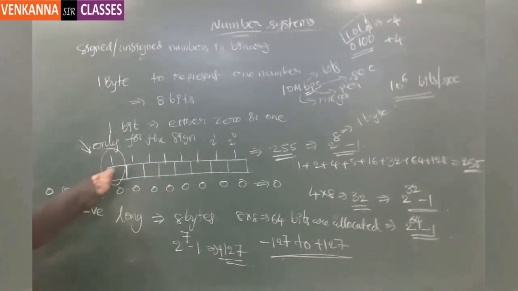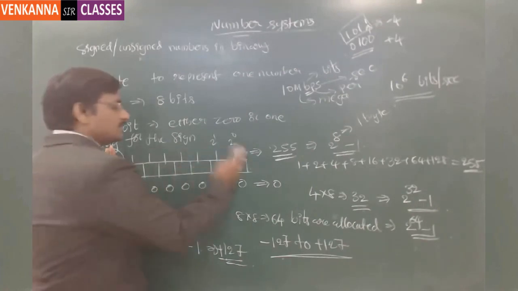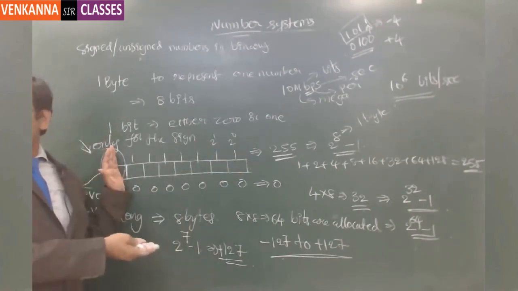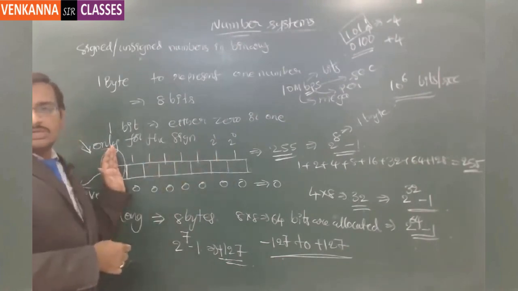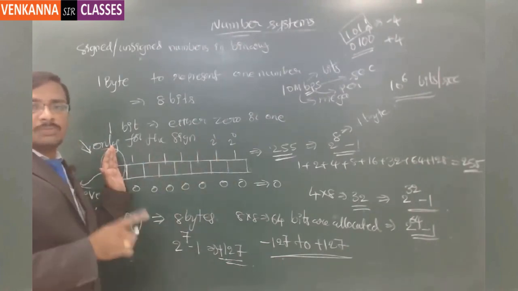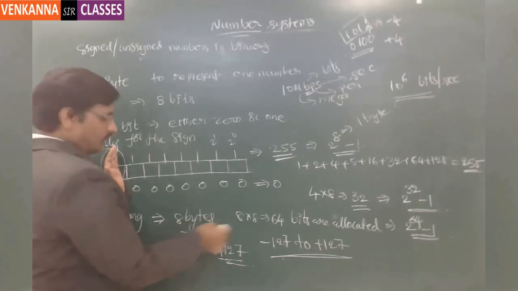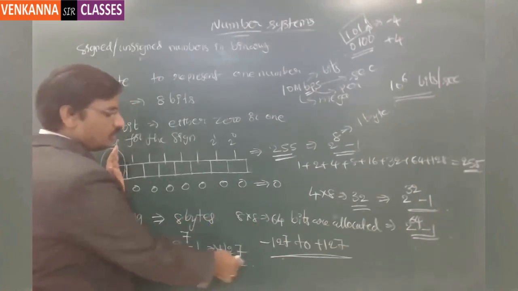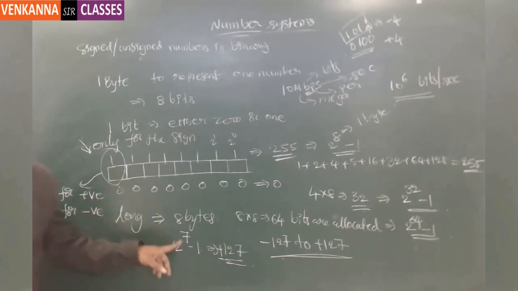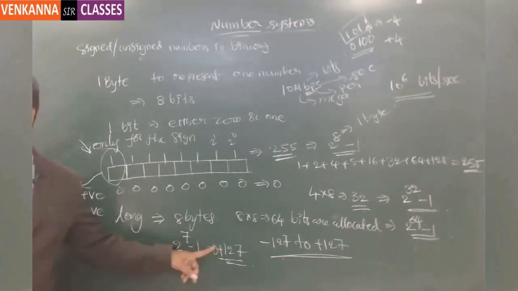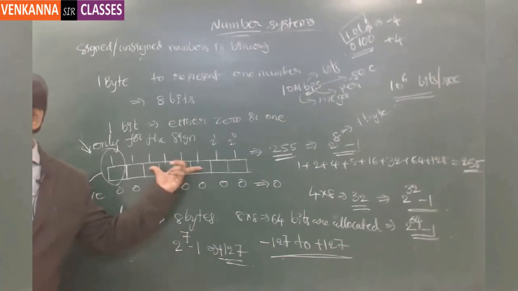No, Pankaj. This digit is dedicatedly allocated only for the sign. If it is 1, then the remaining digits are used to represent a number as usual. We have only 7 bits now, so you can use 7 bits to represent a number, with a range of 2 power 7 minus 1, which is equal to 127. As this bit got allocated for the sign, if it is 1, then this is going to be a negative number, minus of whatever number you represent here.